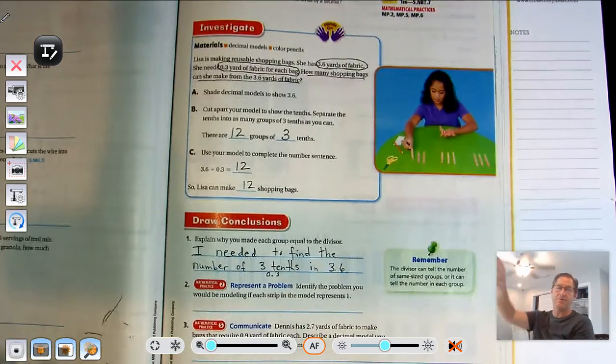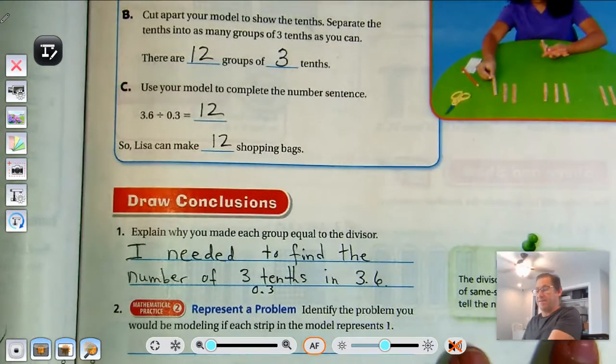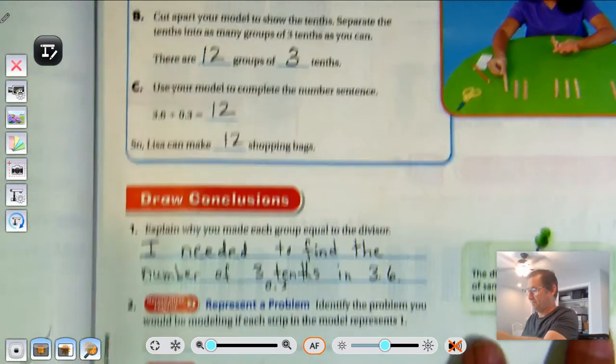Okay, I needed to find the number of 3/10 in 3 6/10.